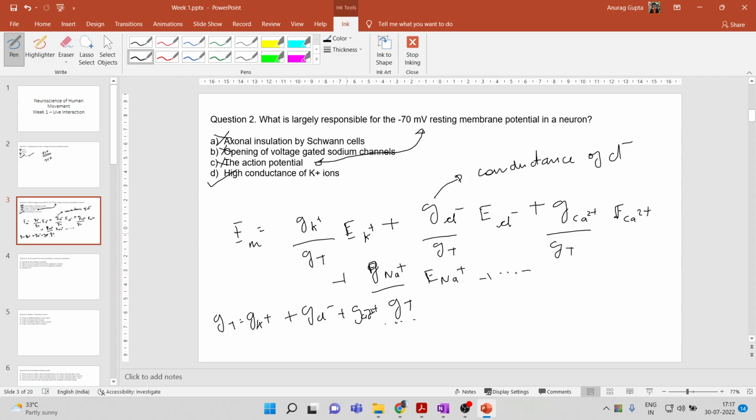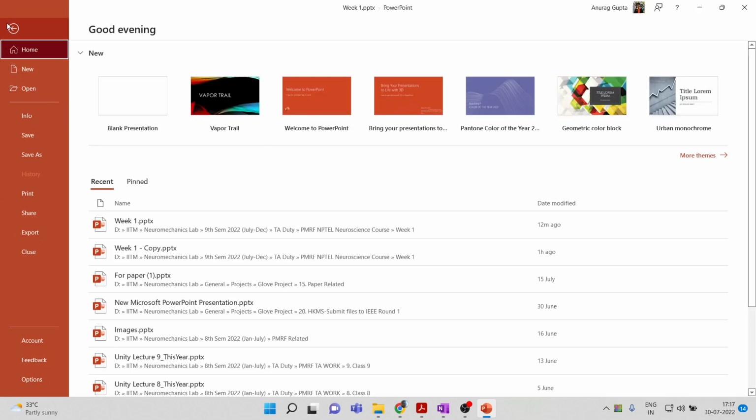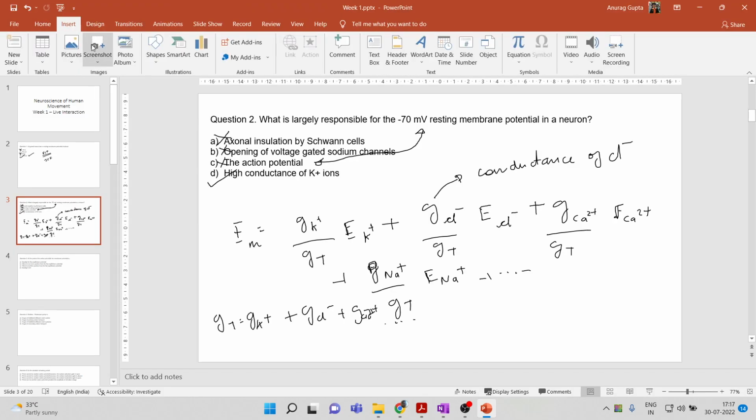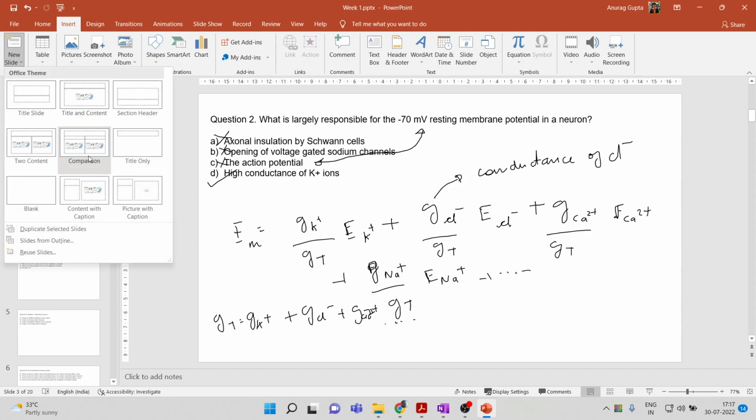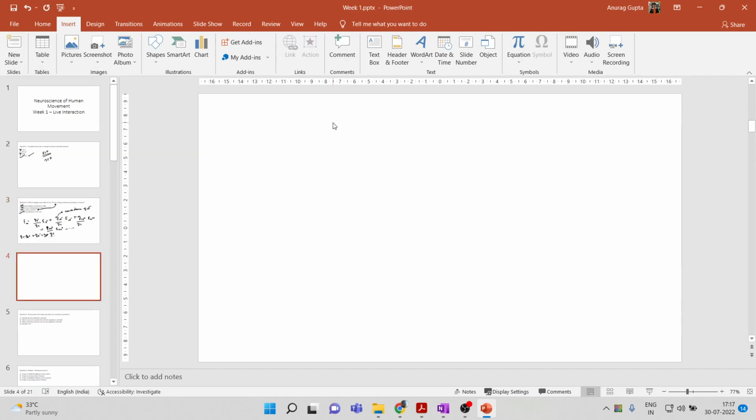So this is the overall conductance of all the ions combined. Now let us discuss what is EK plus. EK plus is the Nernst potential or the equilibrium potential of the potassium ion. So let me just create a new slide. Let us discuss what is this Nernst potential or equilibrium potential.